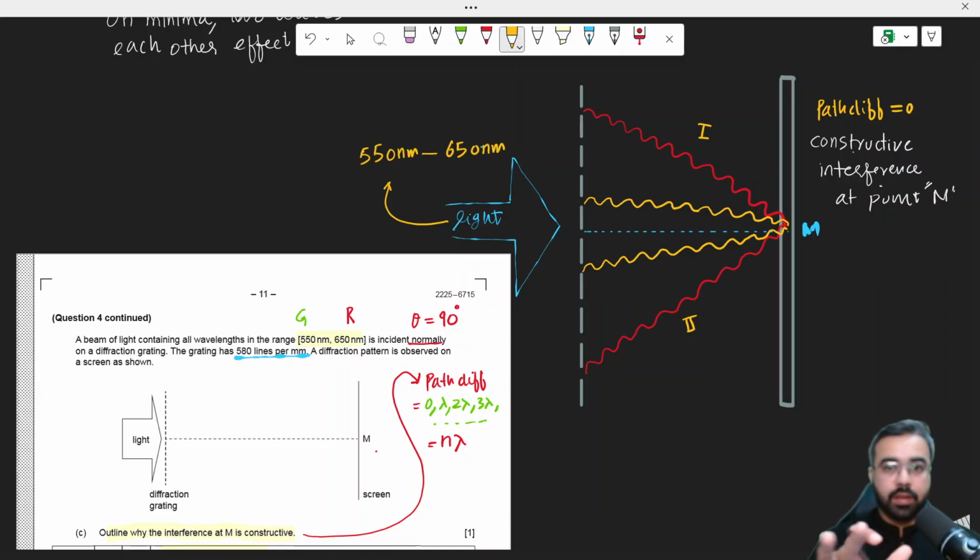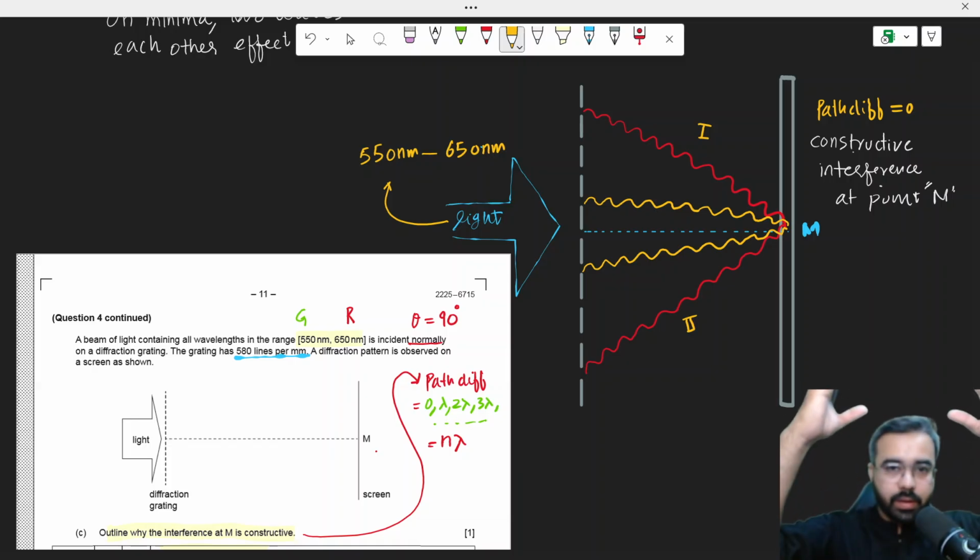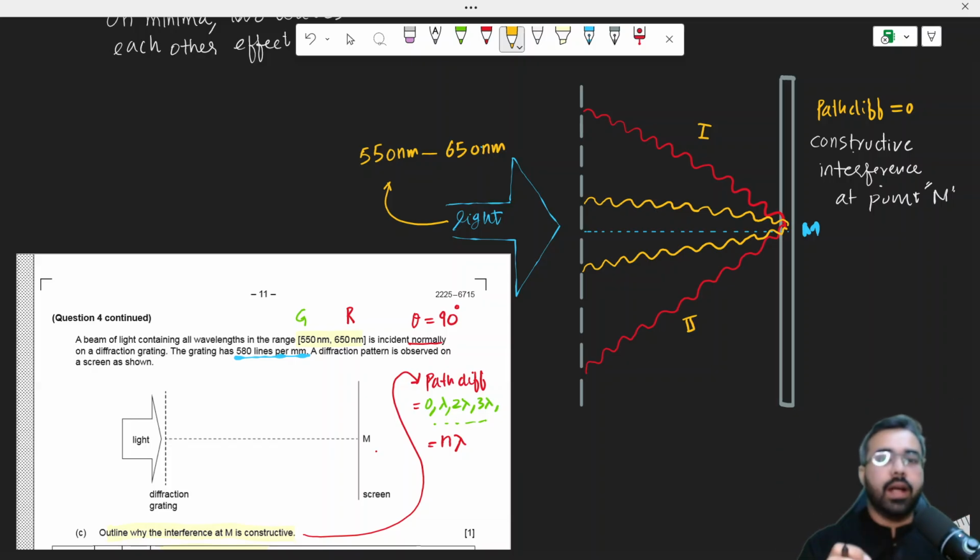When this beam of light falls on the diffraction grating, it will split, and as a result on the screen you will have a central maxima, and above and below the central maxima we will have orders: first order, second order, maybe the third order. In every order we will have all the wavelengths in this range. There is a large number of wavelengths: 550 nanometer, 551 nanometer, 552 nanometer, right?